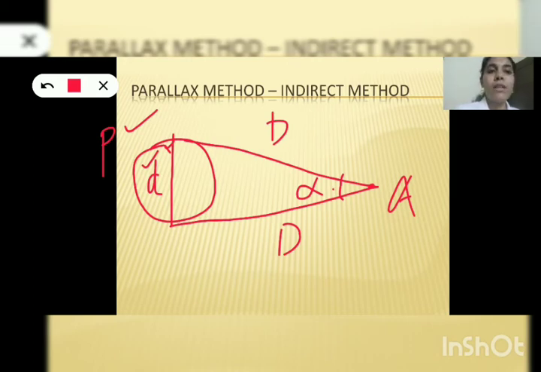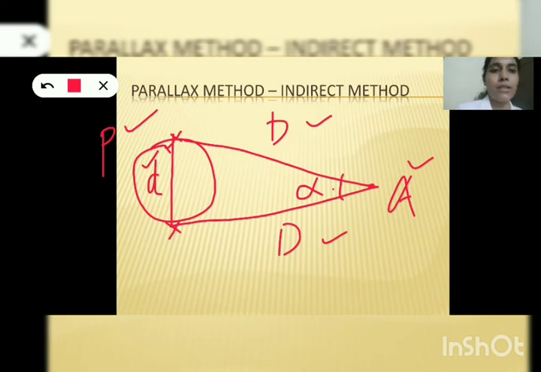A is the observatory which is located on Earth, and from that observatory this planet P is observed. So what is the distance between that observatory and the planet? It's capital D. Okay, now two sides of the planet, that means the diametrically opposite ends of the planet, are observed from the same observatory A.